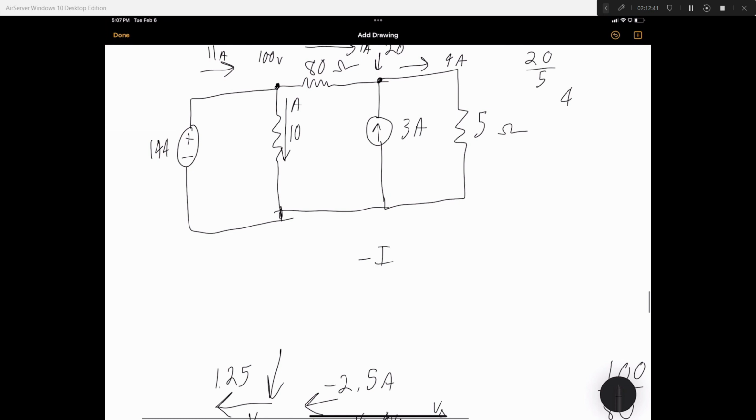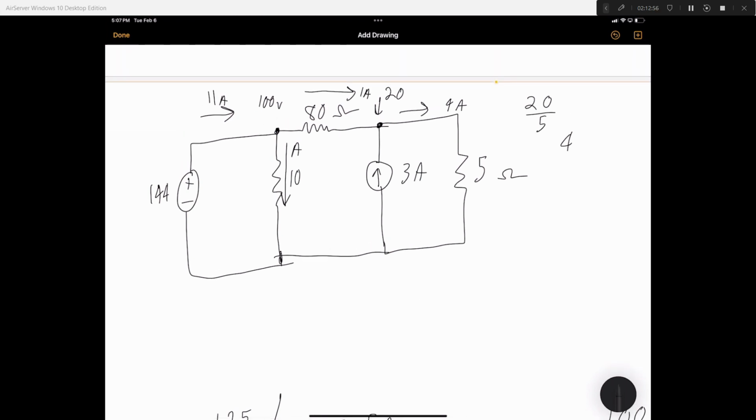We have minus I. Yeah, that's a true statement. This is a tough question.